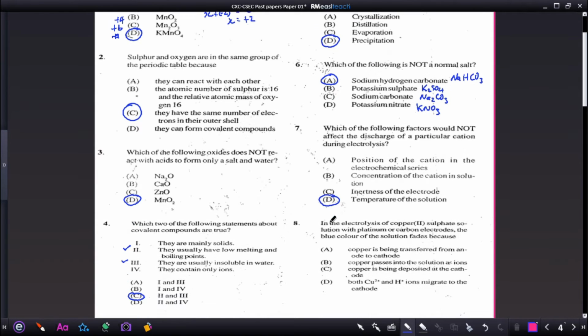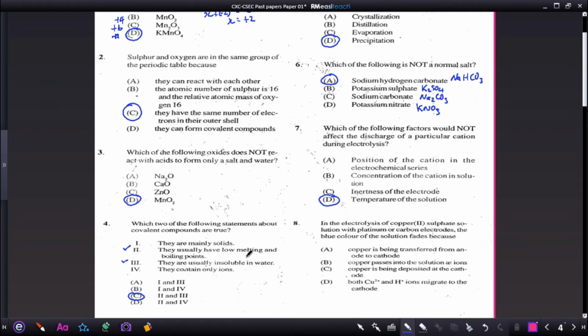Question 8. In the electrolysis of copper(II) sulfate solution with platinum or carbon electrodes, meaning that they are inert, the blue color of the solution fades because A, copper is being transferred from the anode to the cathode, or B, copper passes into the solution as ions. Is it C, copper is being deposited at the cathode, or is it D, both Cu2+ ions and the hydroxonium ions H+ migrate to the cathode?